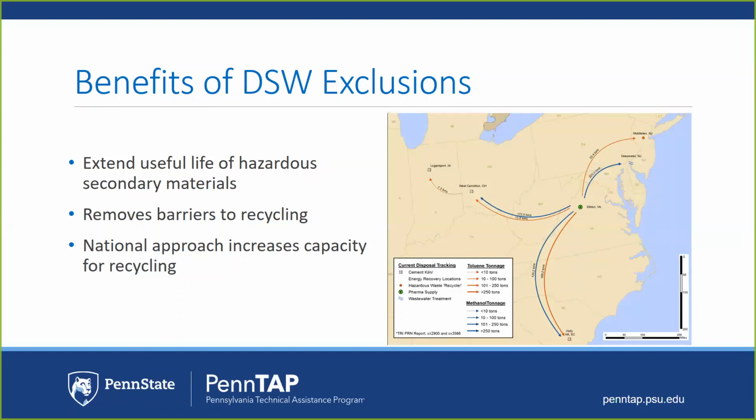Exclusions that encourage reuse and recycling can help decouple growth in production from growth in waste generation. Enabling off-site reclamation removes a barrier to recycling that many companies could not otherwise overcome. Also, a national approach creates more opportunities and capacity for recycling.